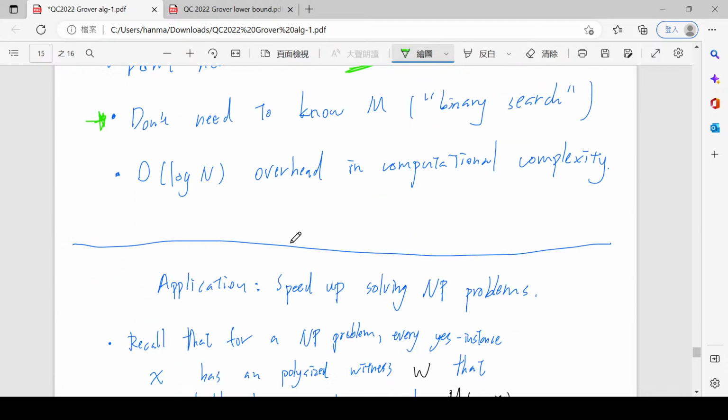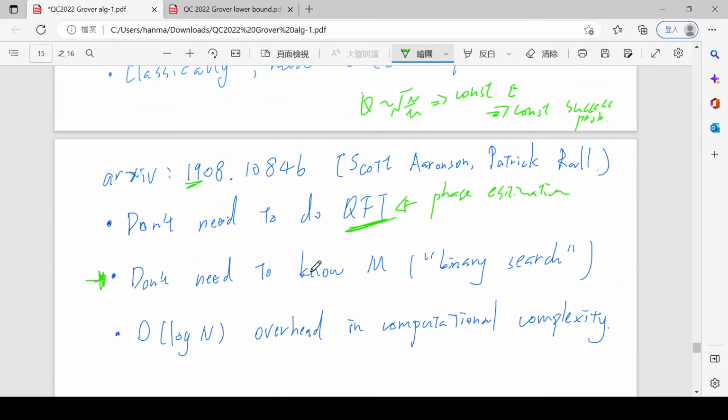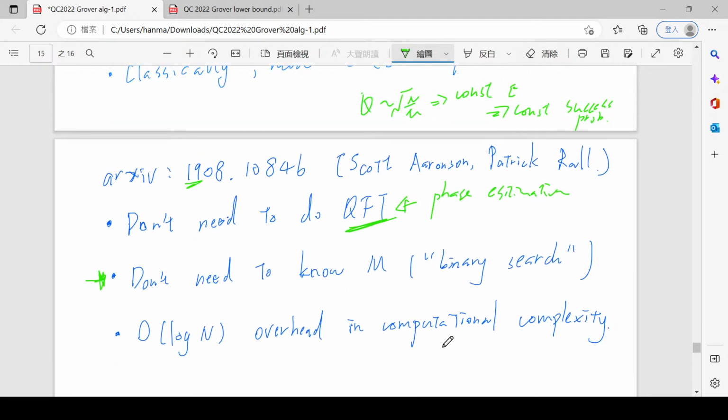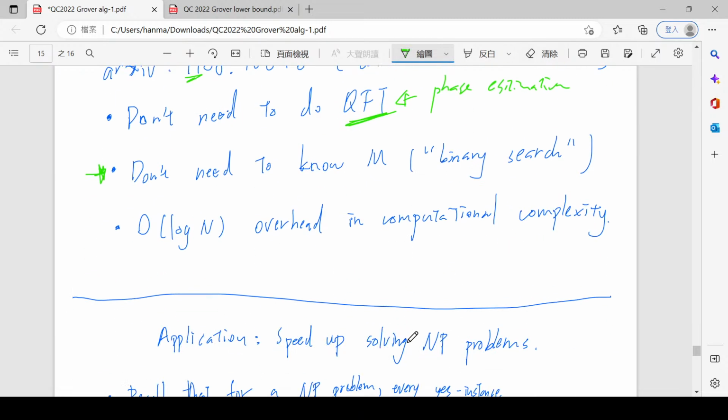And there is a little trade-off where you need some log factor overhead in the computational complexity. I'm not sure, but I think there are follow-ups, so maybe this is removed. Not quite sure. But anyway, for now, let's keep this here.